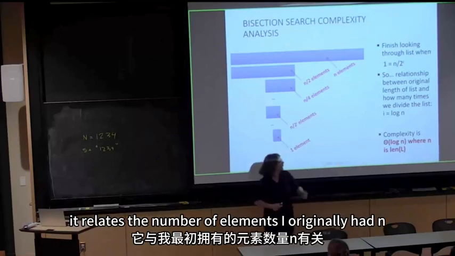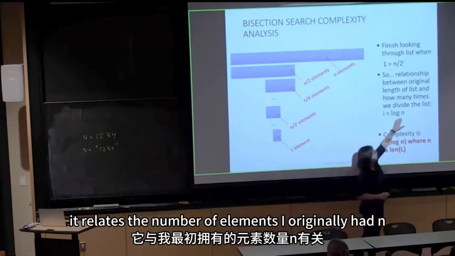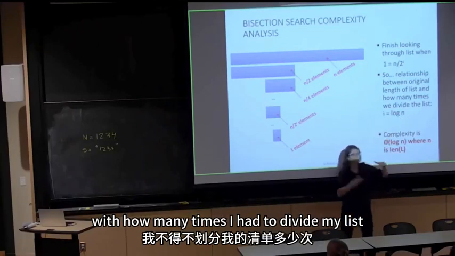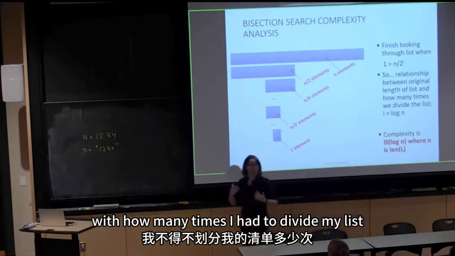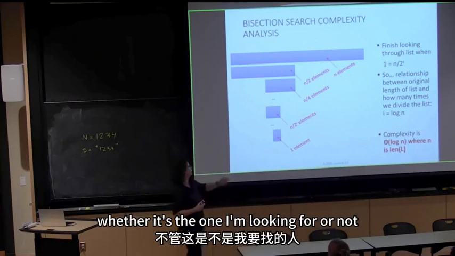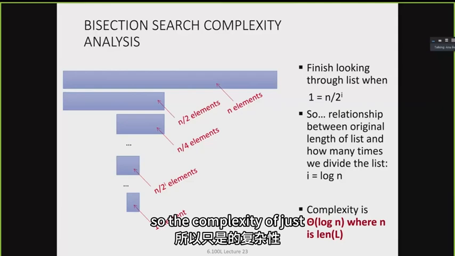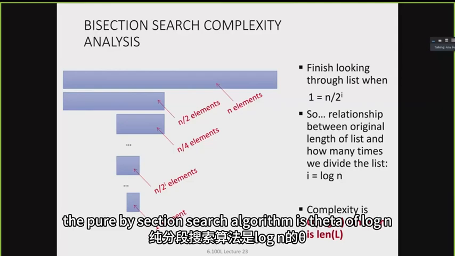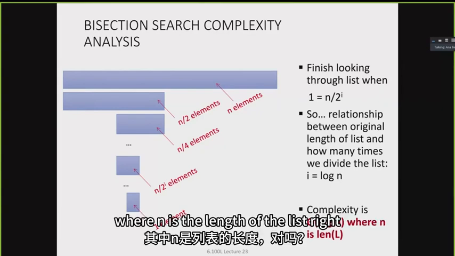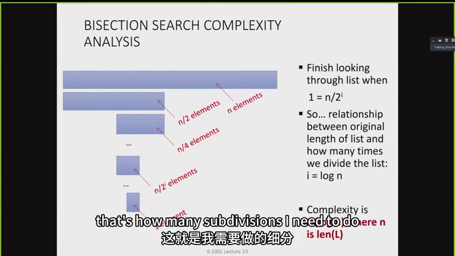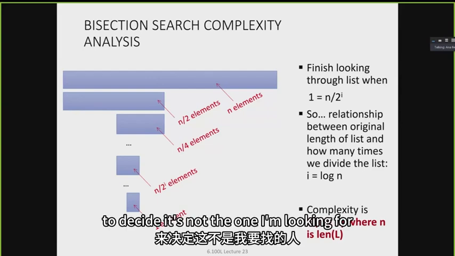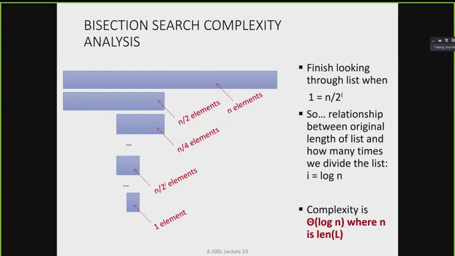It relates the number of elements I originally had, n, with how many times I had to divide my list to get to one element, whether it's the one I'm looking for or not. So the complexity of just the pure bisection search algorithm is theta of log n, where n is the length of the list. That's how many subdivisions I need to do to get to one element to decide it's not the one I'm looking for.